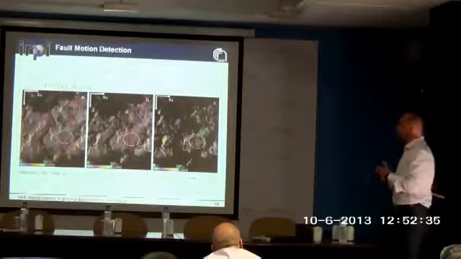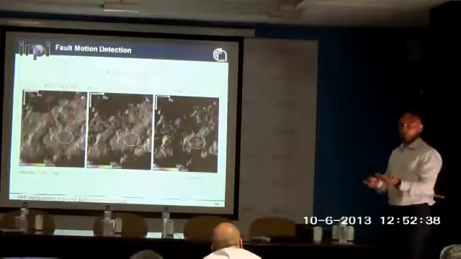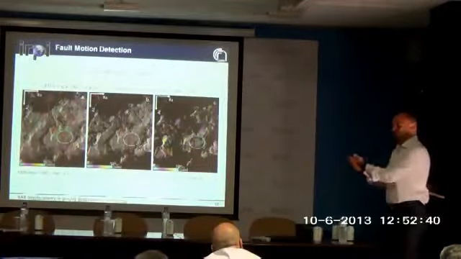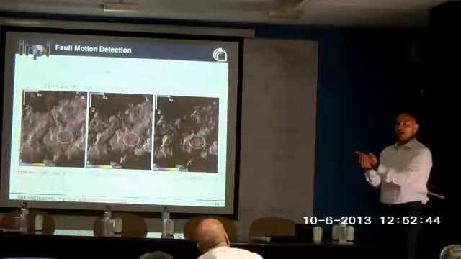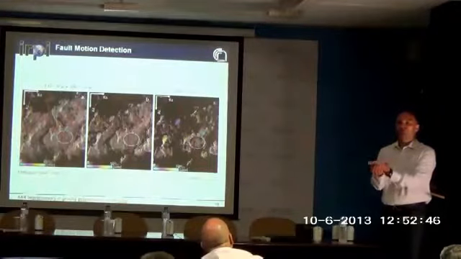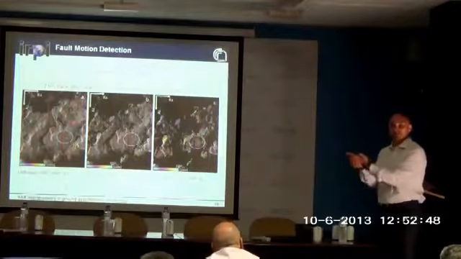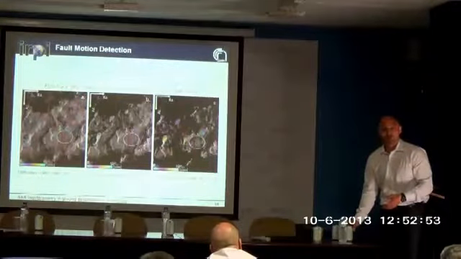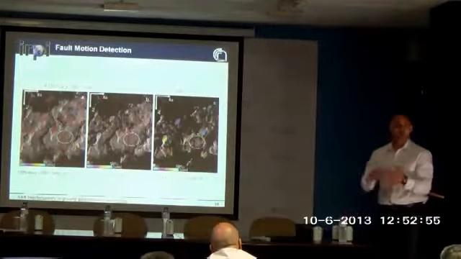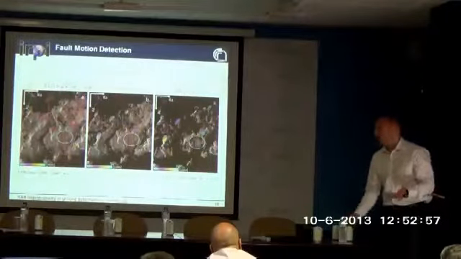So it's a quality control that we do. You put different interferograms taken at different times together, and you see if there are some fringes that are persistent in one position. If they are persistent in one position, it cannot be atmosphere, which is totally random. It has to be deformation.